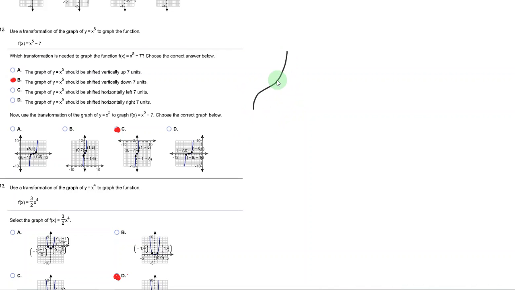But this point where it would have hit 0, 0, that's the point that moves down. So if we look here, this is the one that just shifted down on the y-axis.